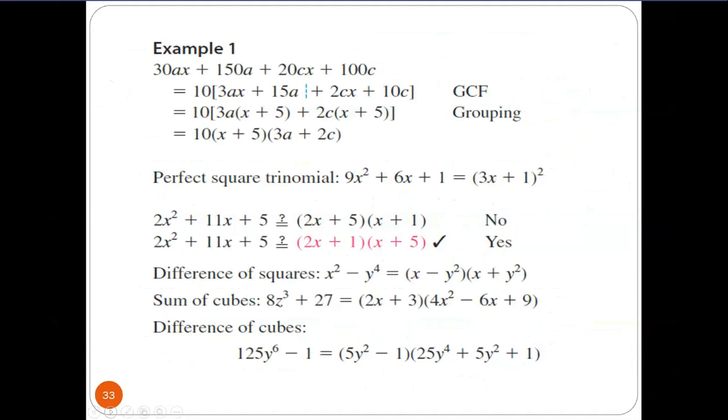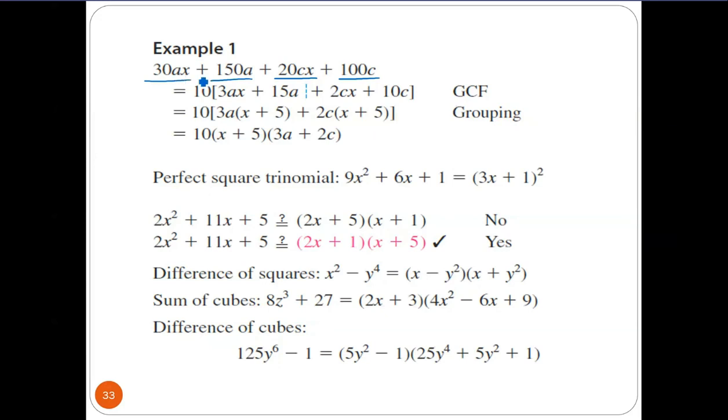Look at these examples. The first one has four terms. Firstly, before that, we must find the greatest common factor if it exists. We always take it if it exists.